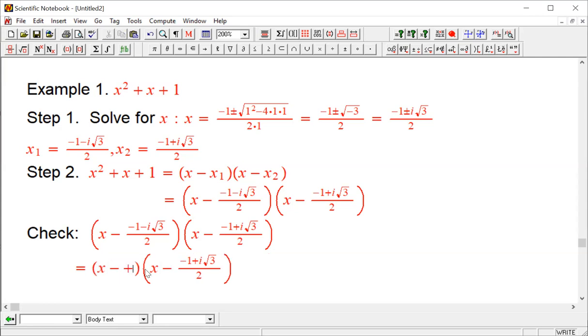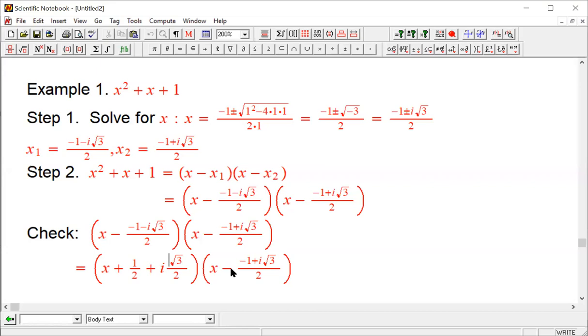So here you're going to have x plus half, plus i root 3 over 2.